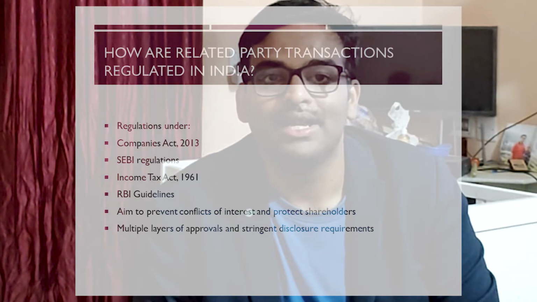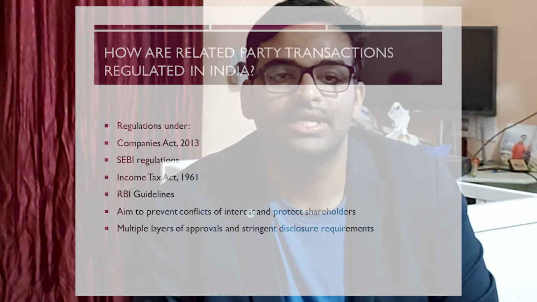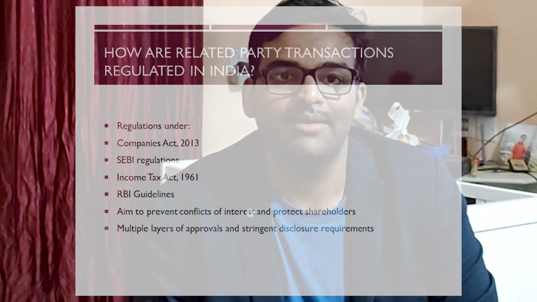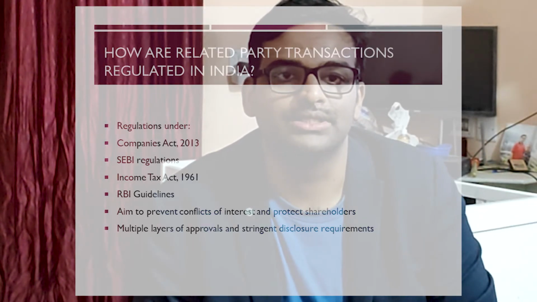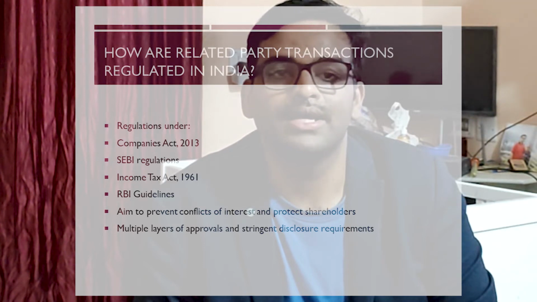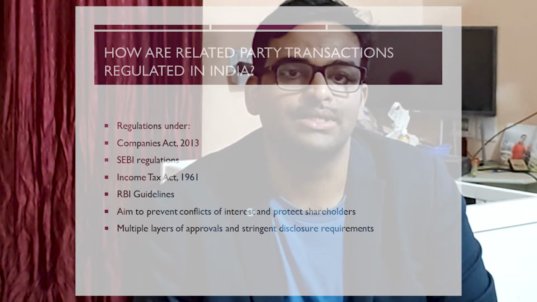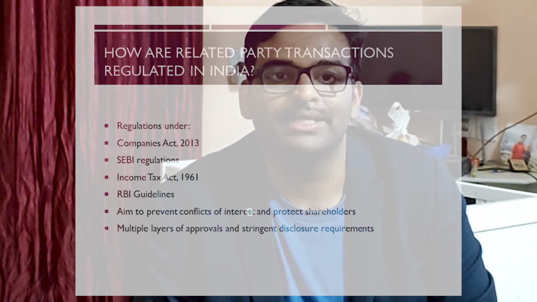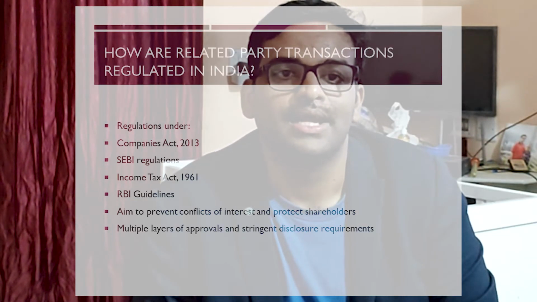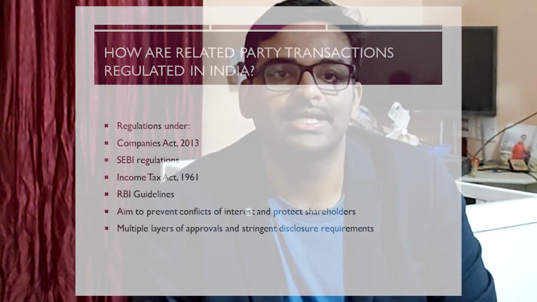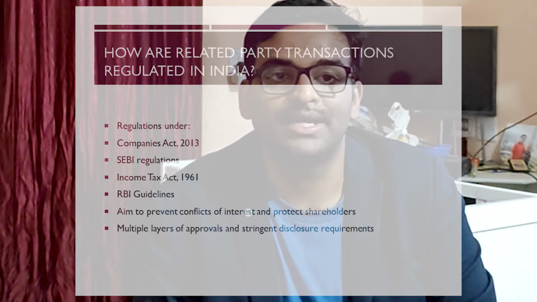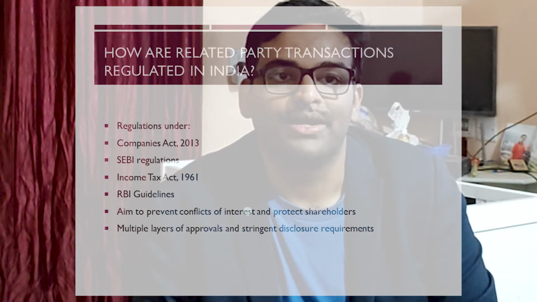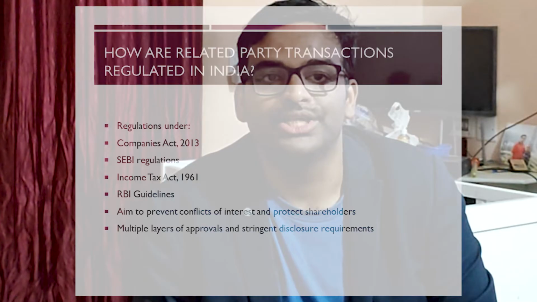In India, related party transactions are closely regulated to prevent conflicts of interest and protect the interests of shareholders. The regulatory framework involves multiple layers of approvals, stringent disclosure requirements, and penalties for non-compliances. Companies must ensure these transactions are conducted transparently and at arm's length to maintain corporate governance standards and uphold shareholders' trust.